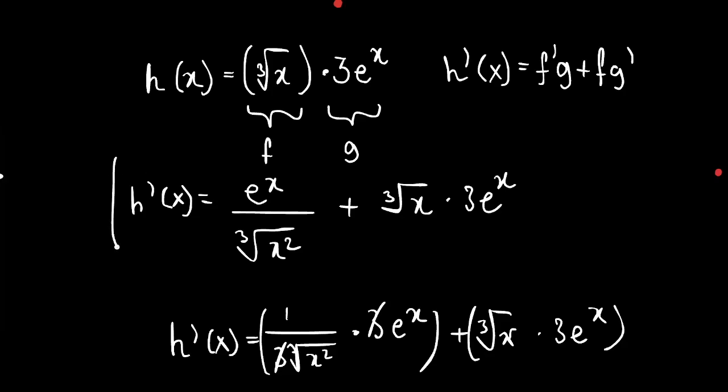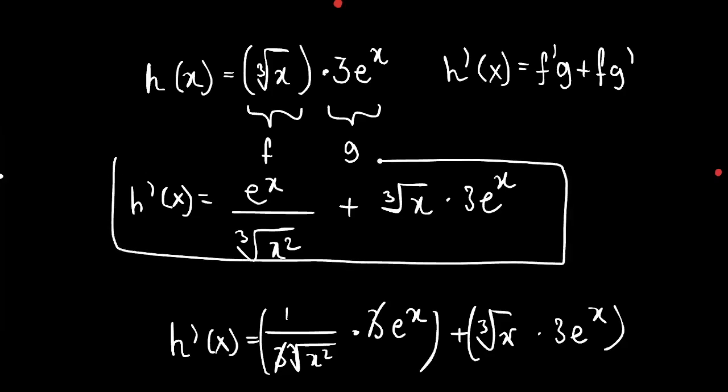And this is our answer. This expression here is the derivative of our initial function. Meaning, again, plugging in any x value here would output the slope of the tangent line at that specific point for our initial h of x function.